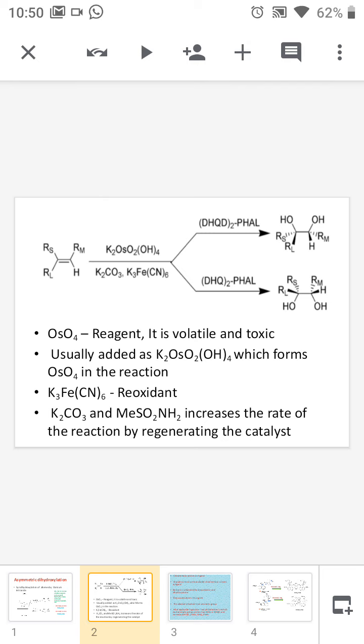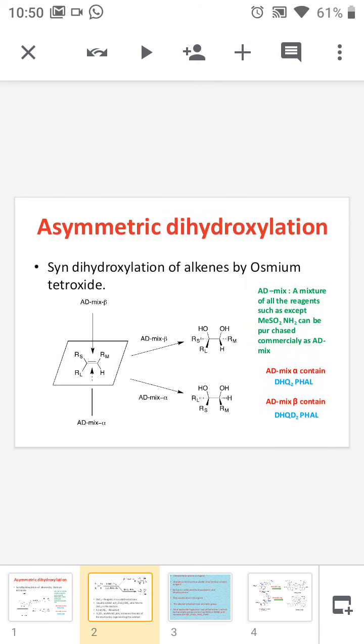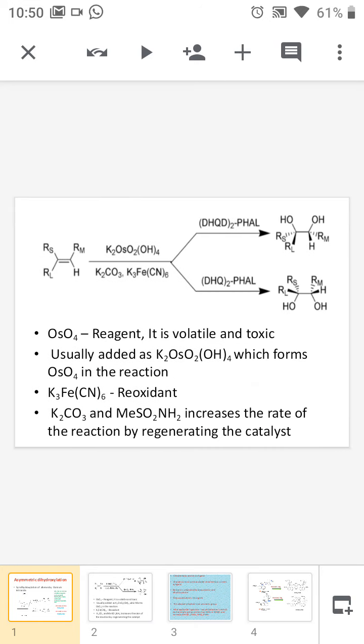See here, these are the reagents which are included in what is known as the AD mix. This is the AD mix, and these are the AD mix compounds.